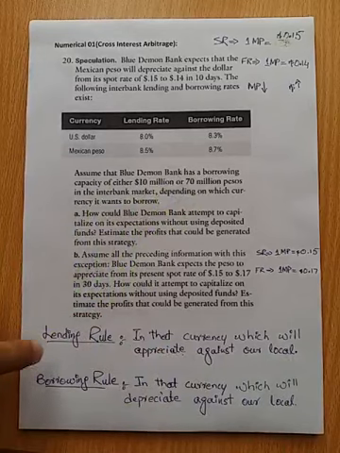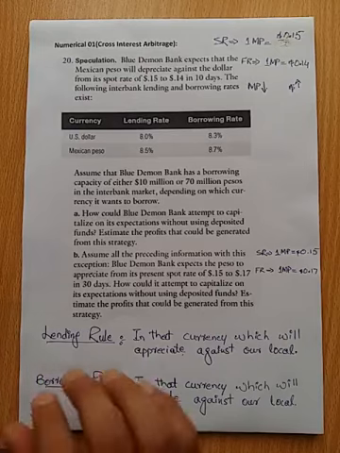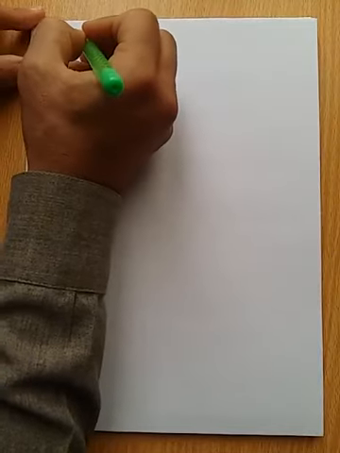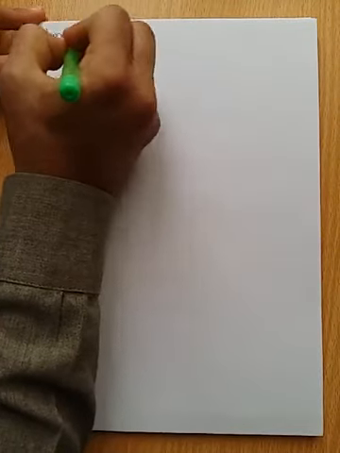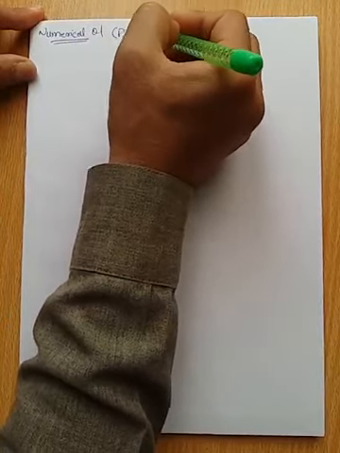In the previous video, we borrowed money in Mexican peso. In this numerical, we are going to invest money in Mexican peso. So let's solve this. We are doing the same numerical 1, but this time we are solving part B of this numerical.